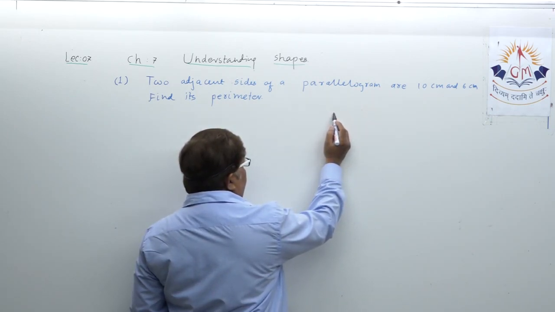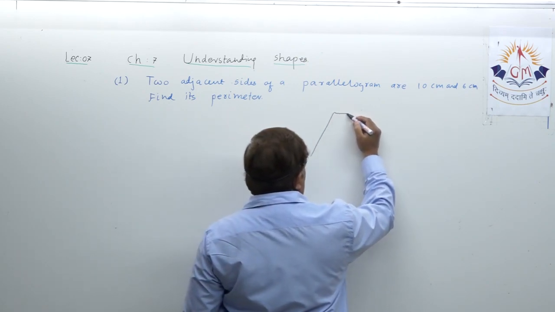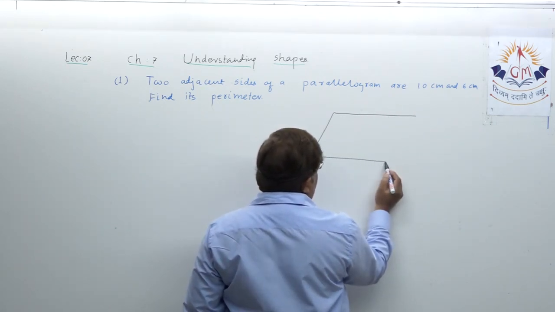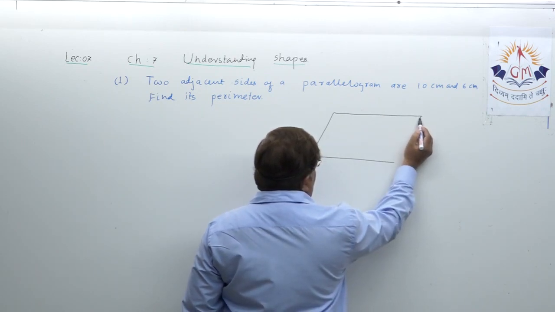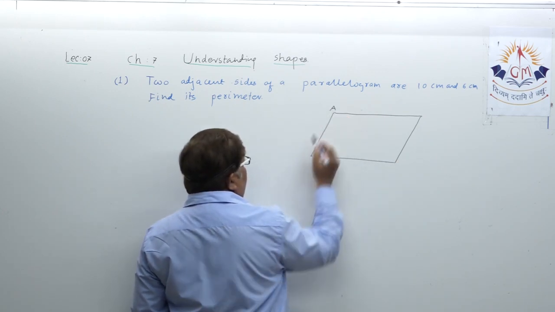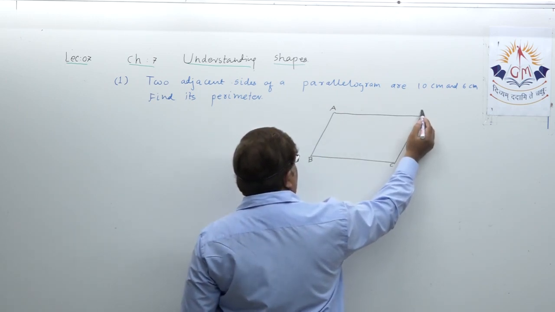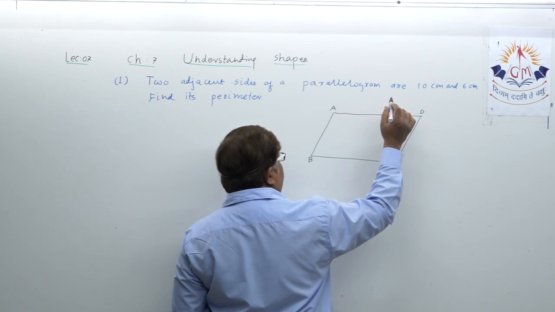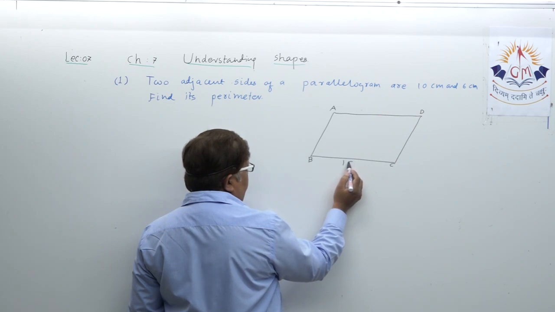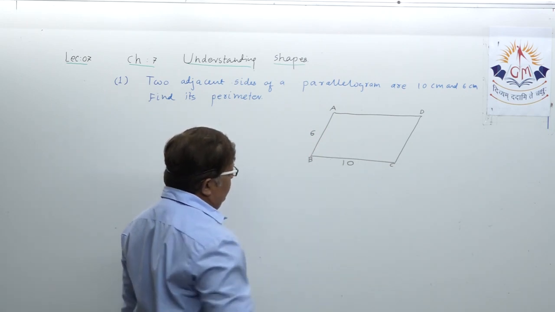Suppose, dear student, when not mentioned, as customary, we take parallelogram ABCD. Two adjacent sides are given. Longer side, let me take 10. Smaller side, let me take 6.